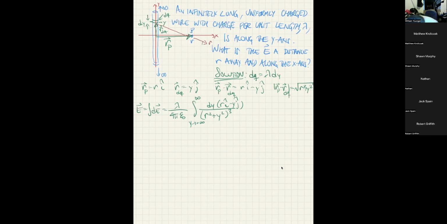That is rp minus r dq, at least direction wise, right? And you see that if I have another differential mass element down here, then that's going to point upward and to the right. So you expect the actual y components to be 0.